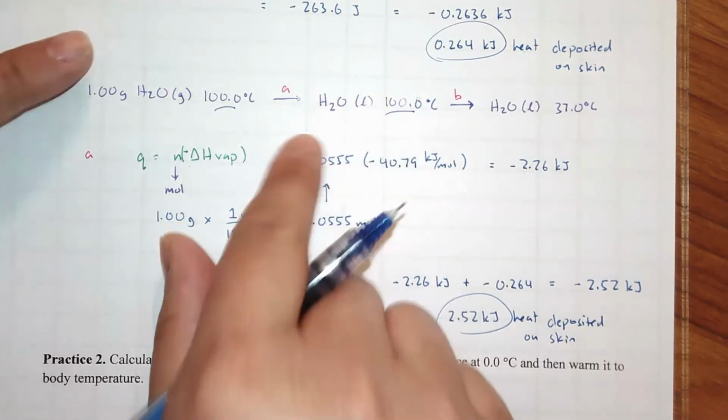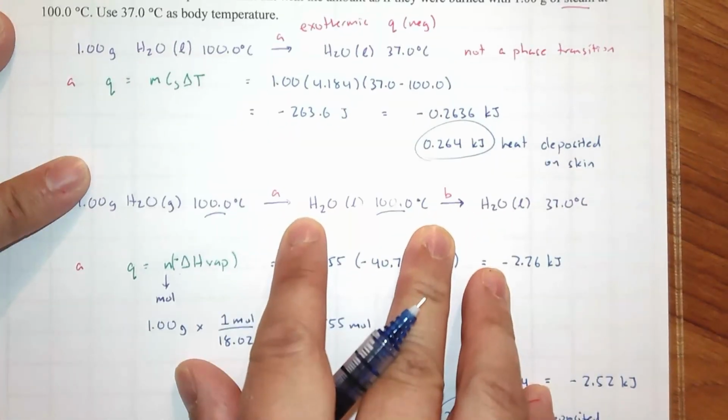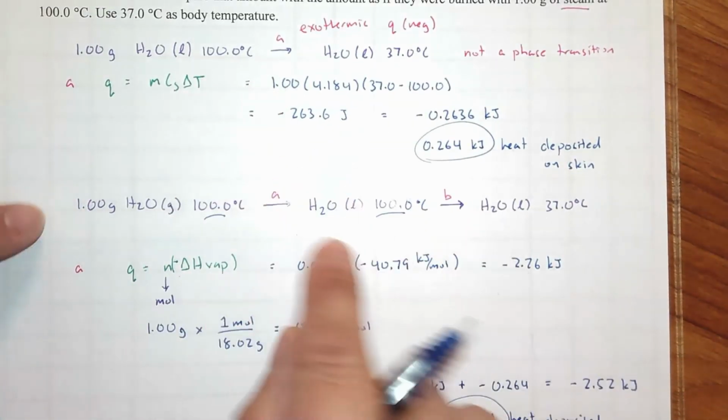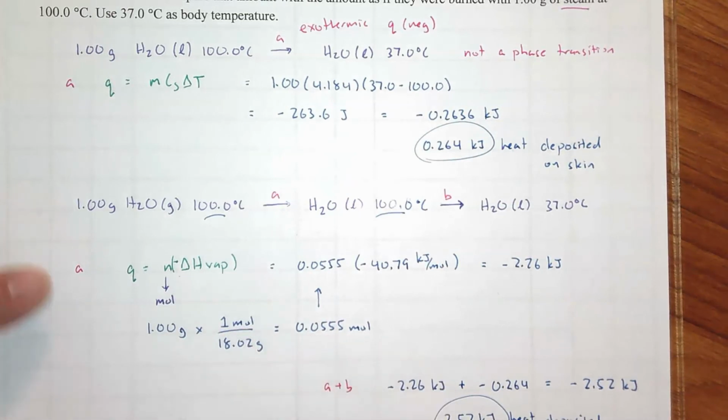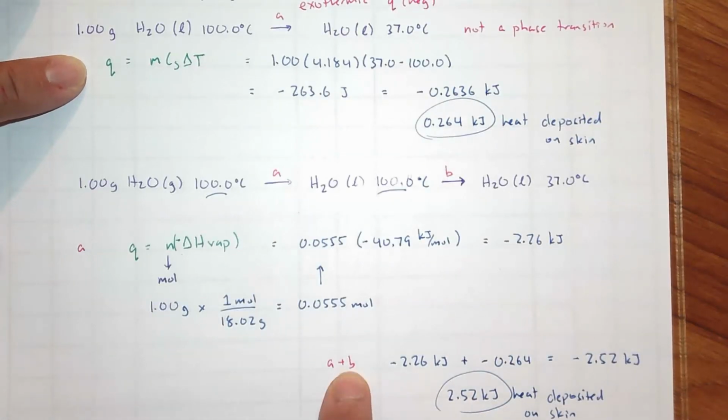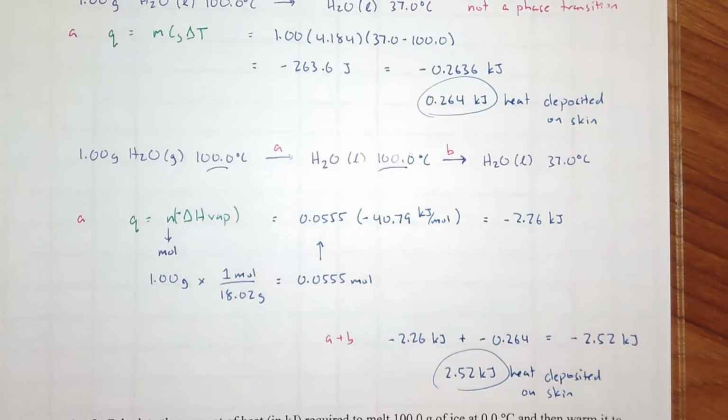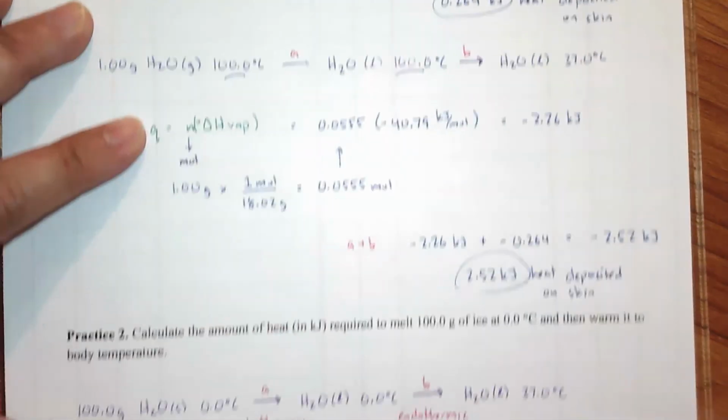So just keep your processes straight, draw them out, and you may have to calculate several Qs. We have a Q here, and then the Q that was used for this B was Q equals mc delta T.